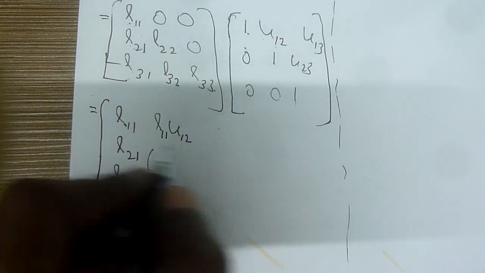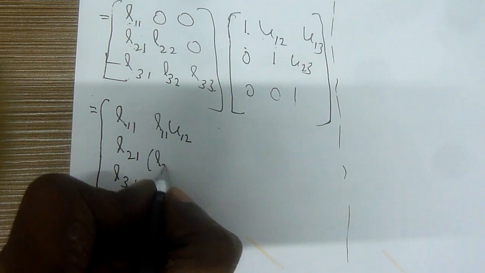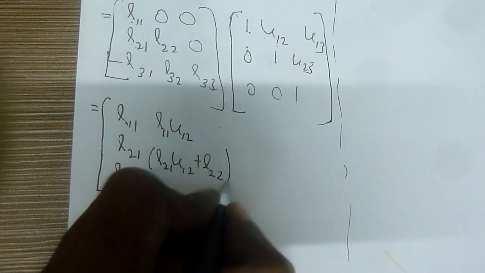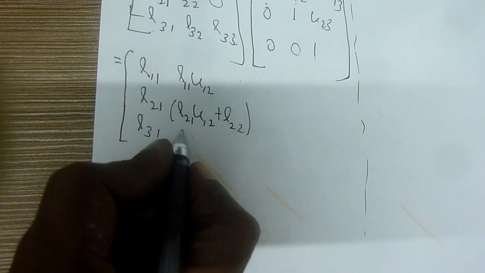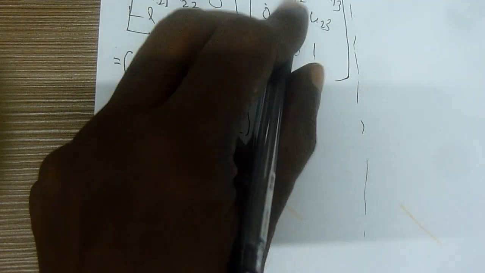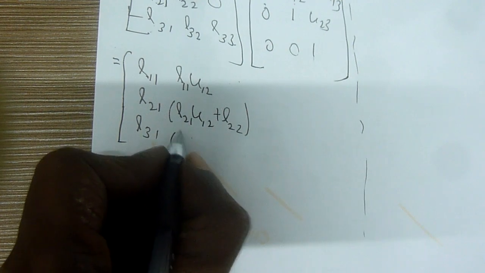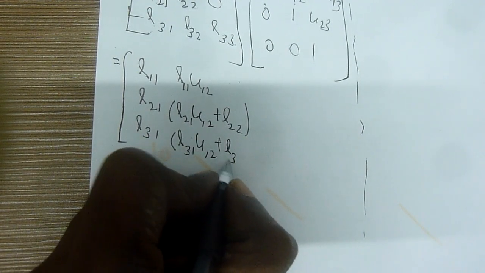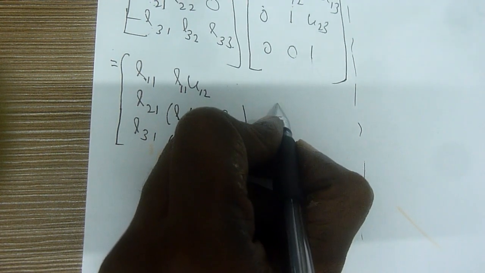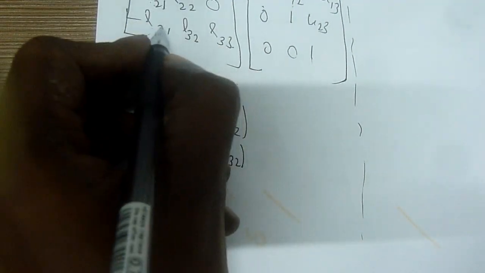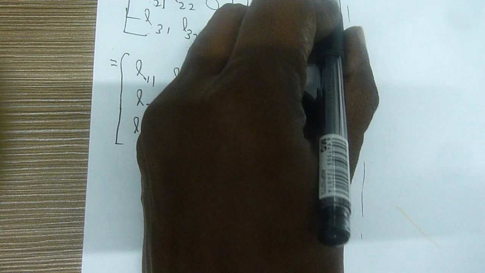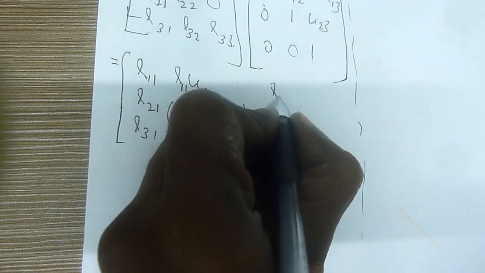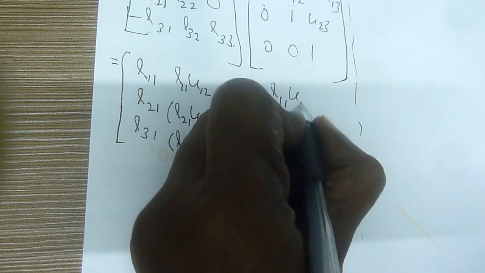L21 U12 plus L22. The third is something similar, you need to multiply this again: L31 U12 plus L32. Over here, similarly, you take the third column, come down, you get L11 U13.